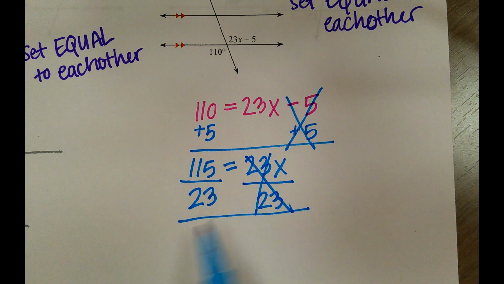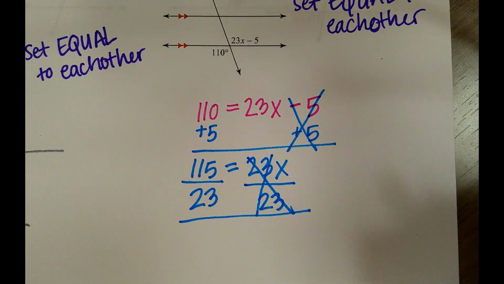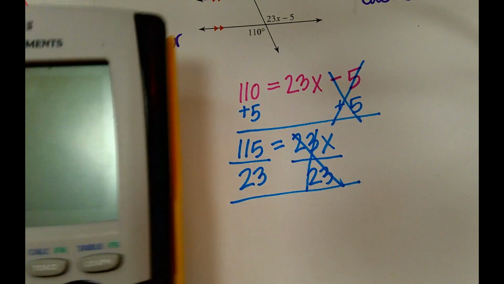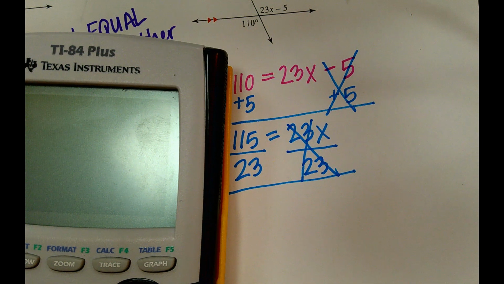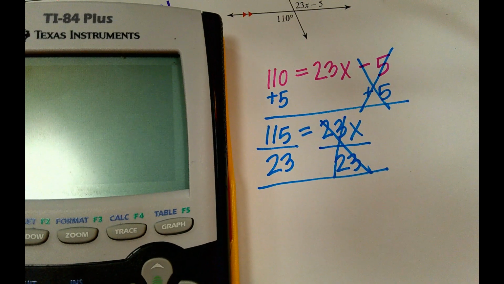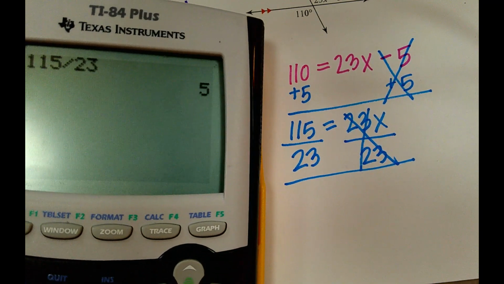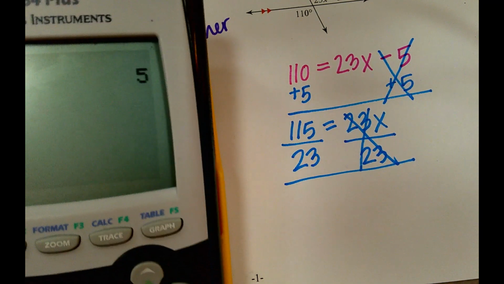So 115 divided by 23, what does that give us? 5. Let me check. I didn't do this one yet. Oh, let me get a calculator. Okay. 115 divided by 23, it is 5.